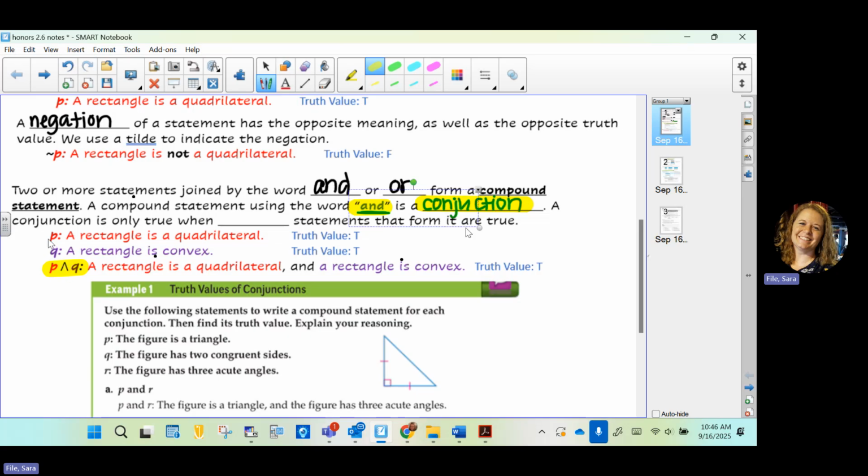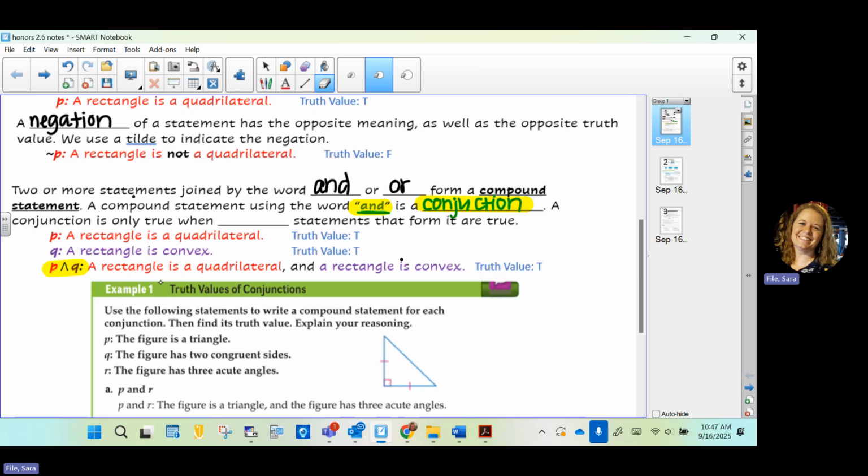If statement P says a rectangle is a quadrilateral, and statement Q says a rectangle is convex. Do you know what convex means? Do you know what concave means? Concave is like folding in or falling in. Convex is the opposite. It's bowing out.